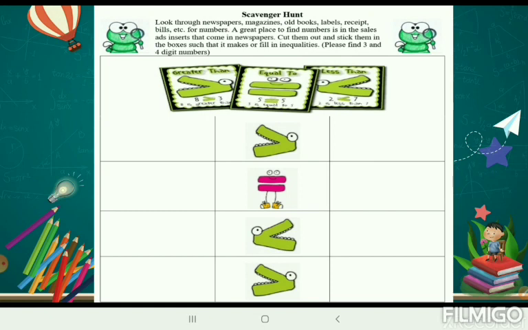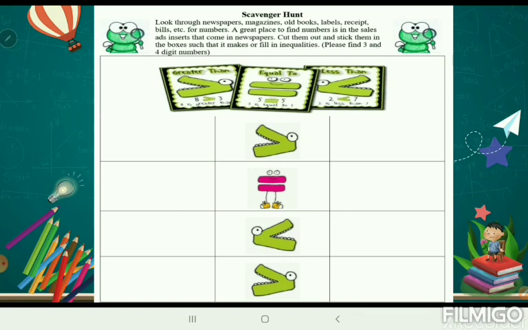Here what you have to do is find numbers. Look for numbers in newspaper, magazine, old books, labels, receipt bills, etc. Anywhere, look around you and find numbers and stick them according to the boxes which I have given. Stick the numbers such that they fulfill the inequality, and you should find 3 or 4 digit numbers.